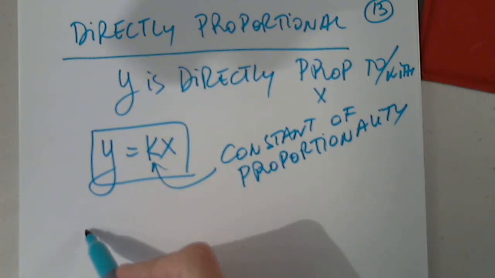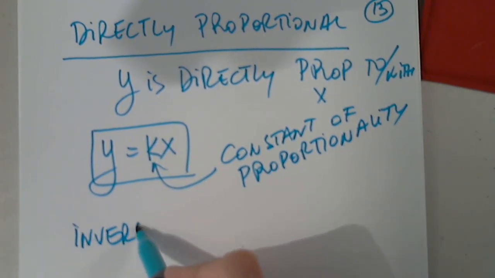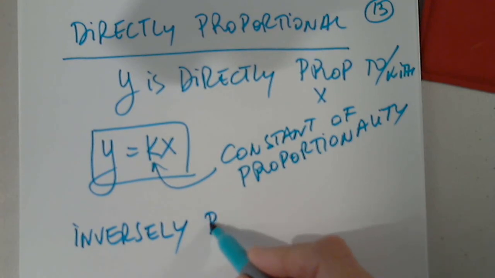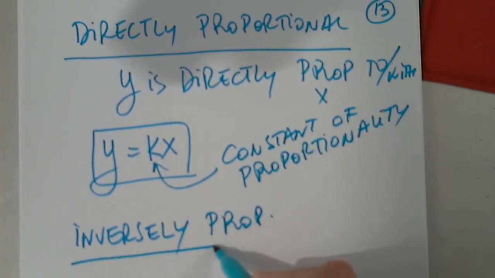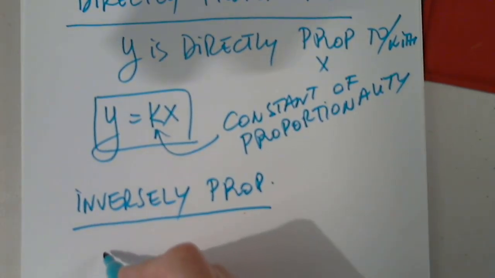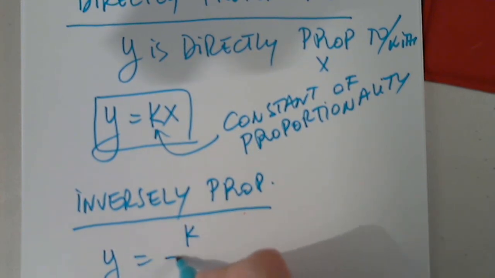If we have the inverse, inversely proportional, then the relationship is y equals k over x.